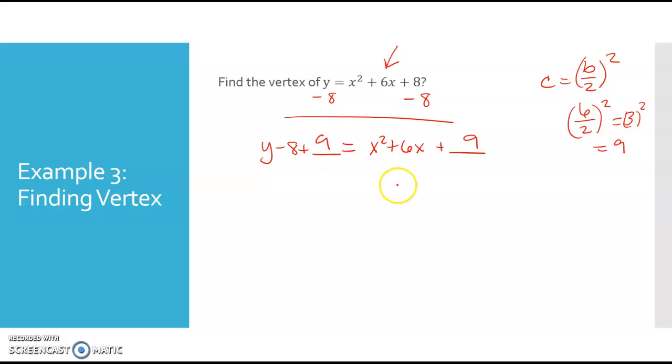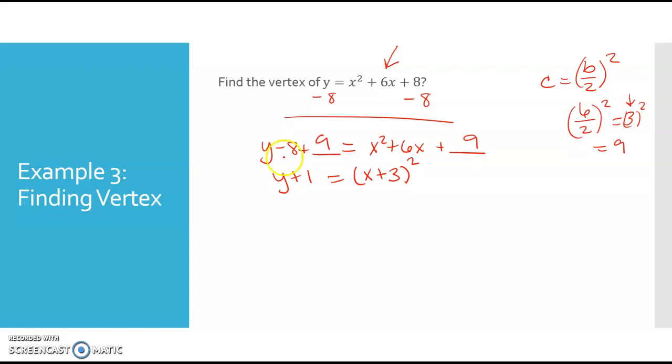Over here I'm going to simplify, so we'll have y plus 1. Over here I'm going to make this that quantity squared. I have the x in front, the sign of b is the sign for my factor, and then my value right here, the square root of 9, which is 3. So x plus 3, quantity squared.